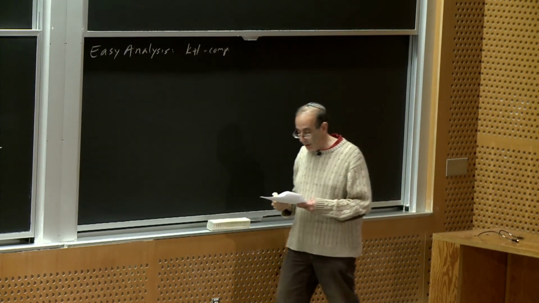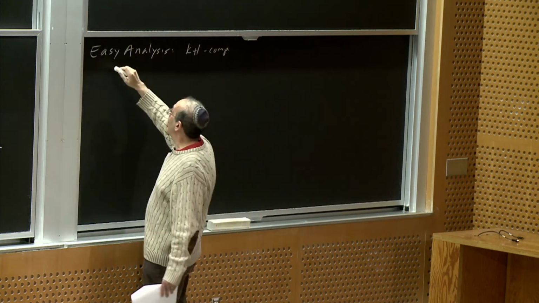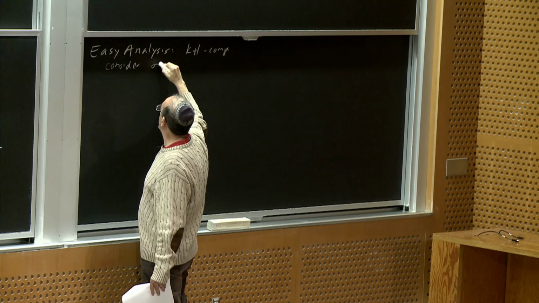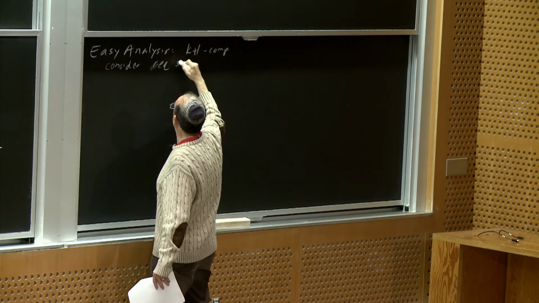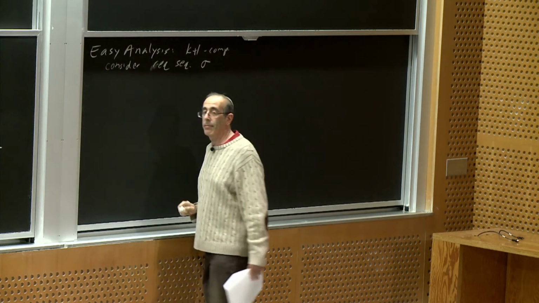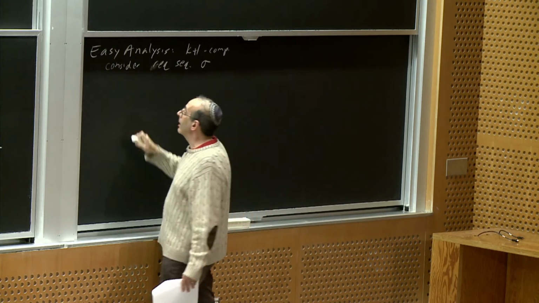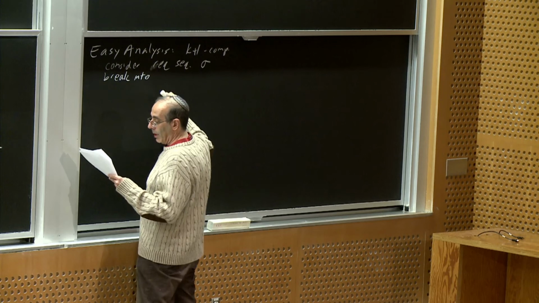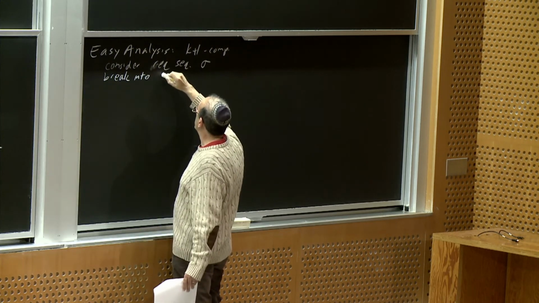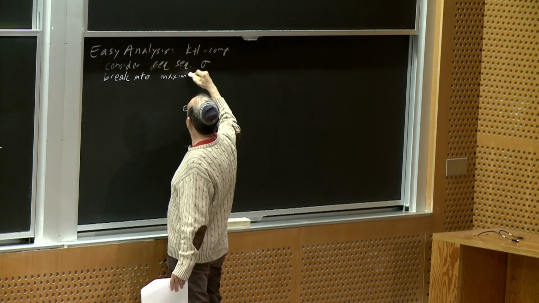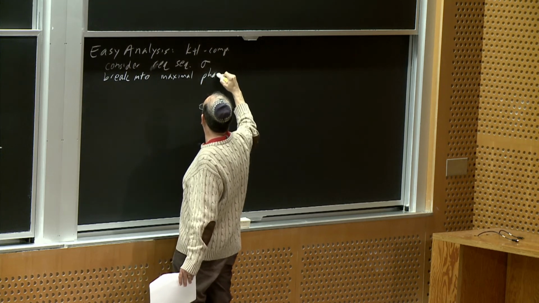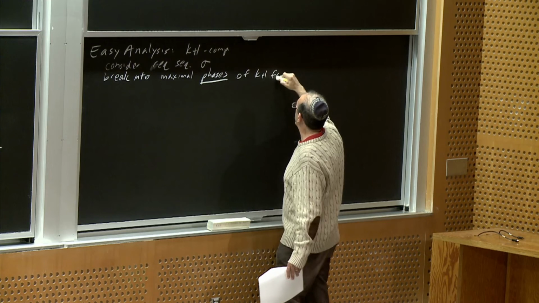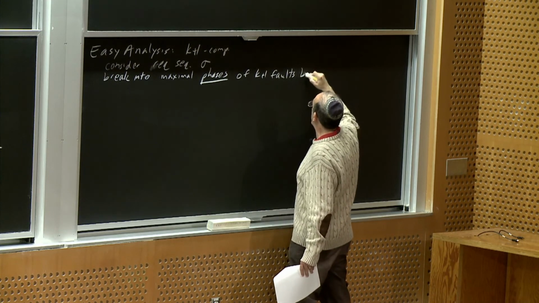So what I'm going to do is consider my request sequence sigma, and break it into maximal phases of K+1 faults by my algorithm.